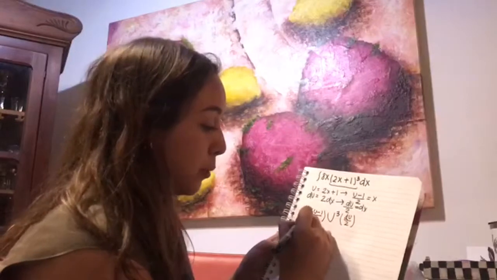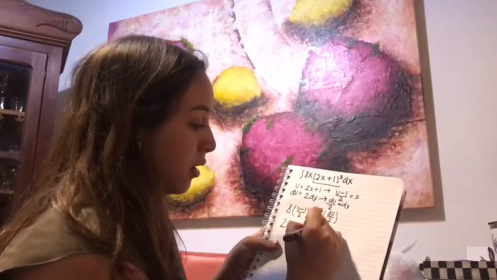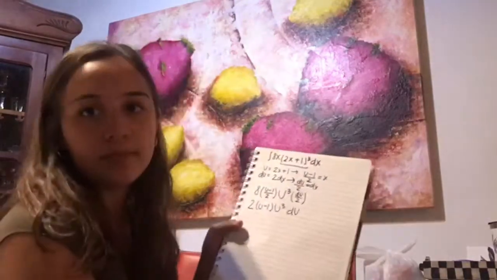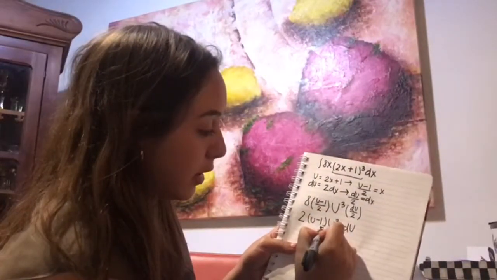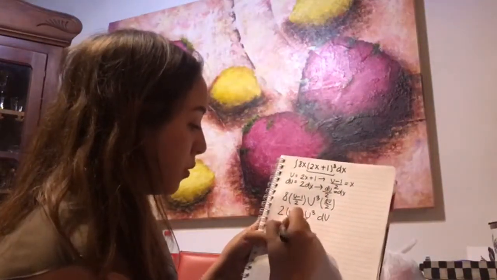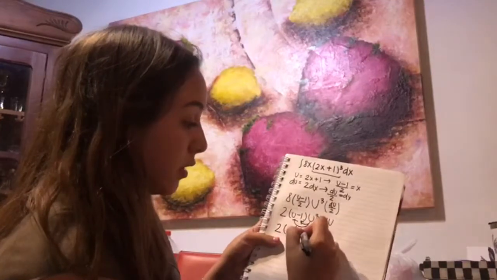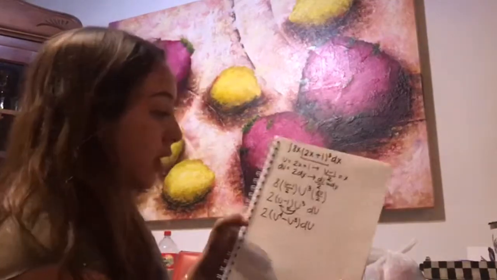So it will look like this: 2 times u minus 1, times u to the third, du. Now, after this, we're gonna multiply this u in here and in here. So we will have 2 times u to the 4 minus u to the 3, du.